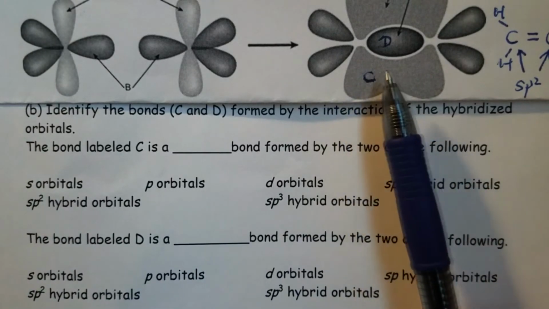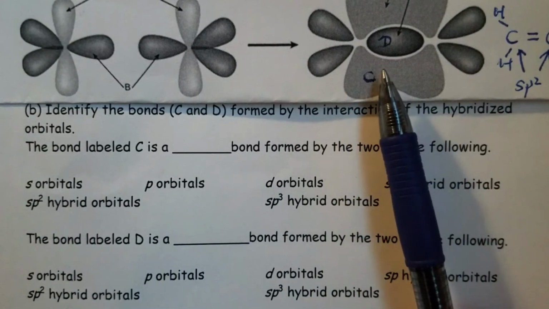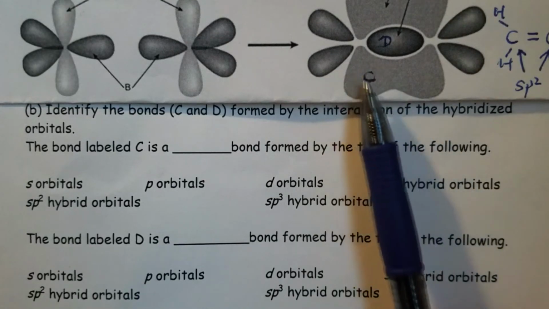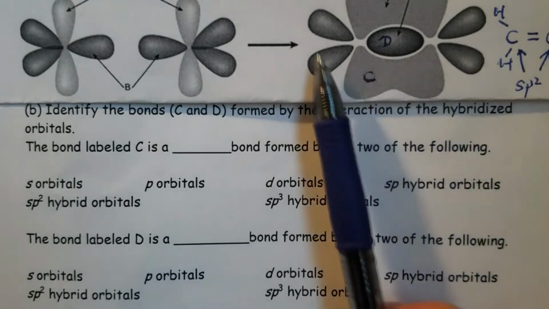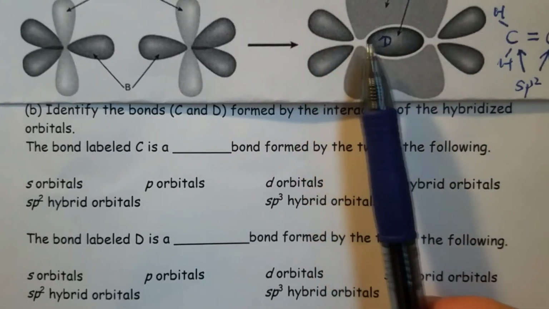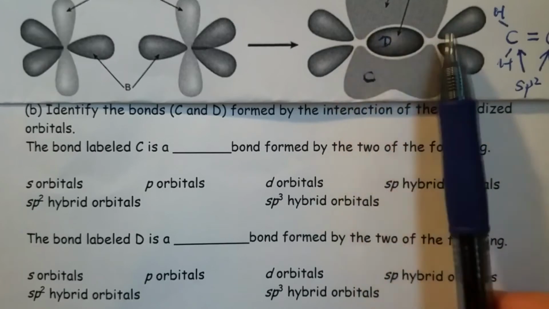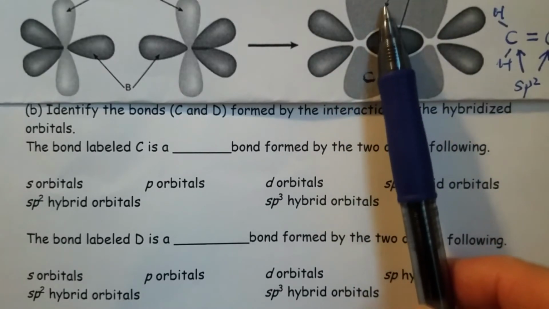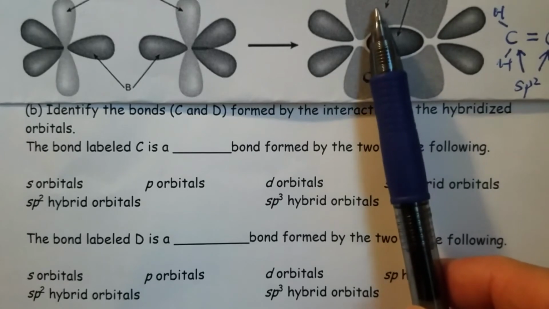First, let's take a look at the bond labeled C. You see that's two blocks. One block below the axis of the nuclei of the two carbon atoms, and then another one is above. That one is also labeled as C.